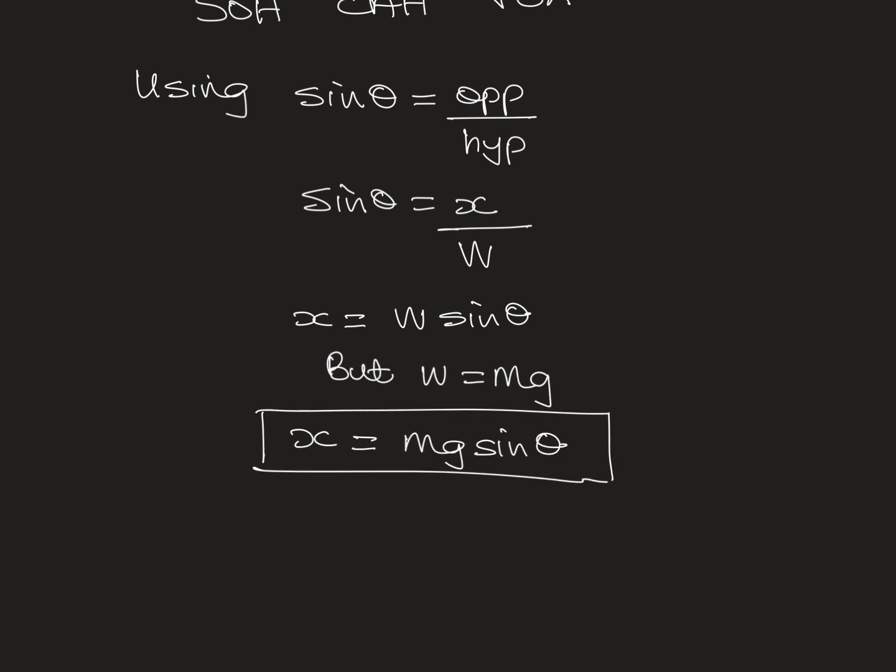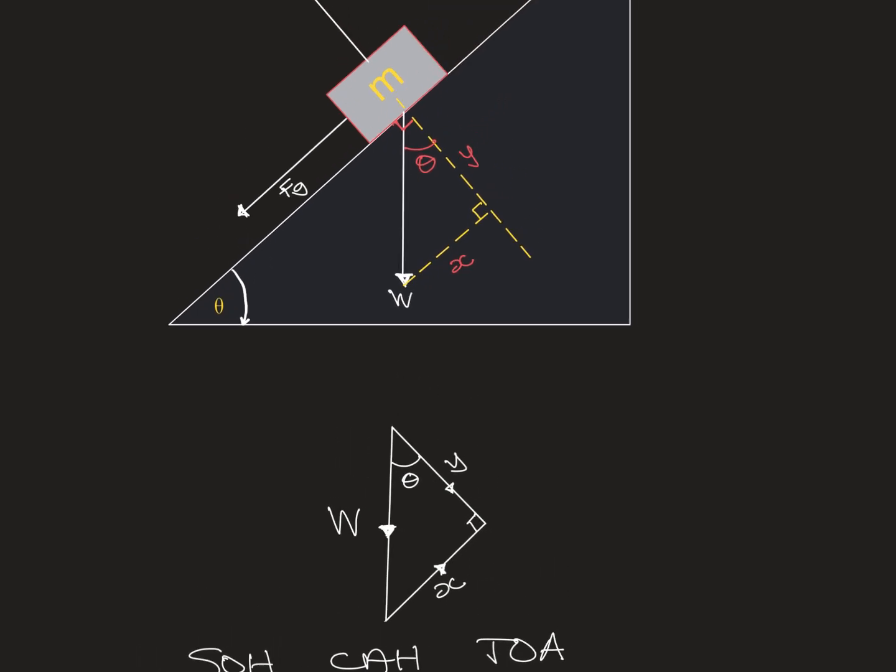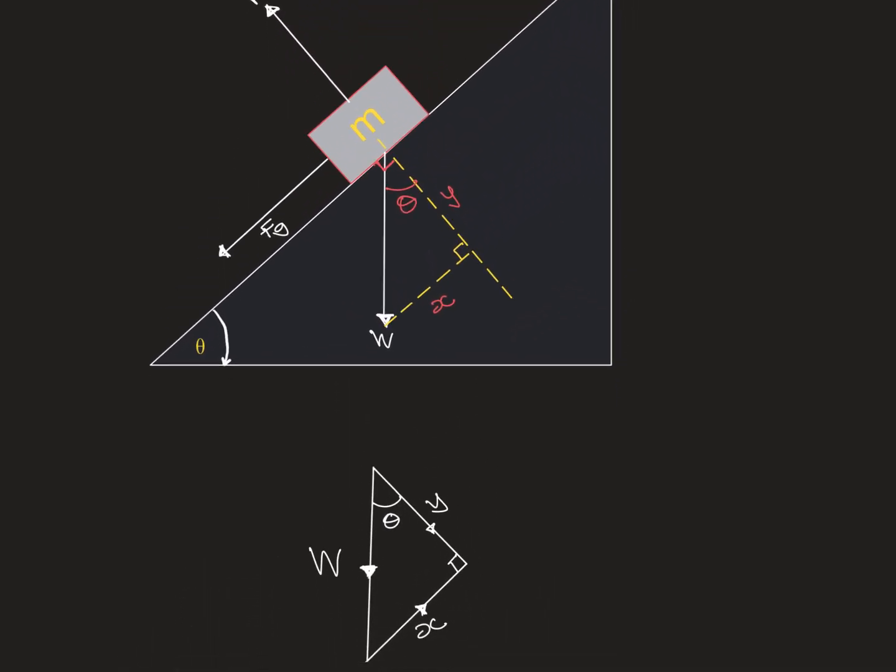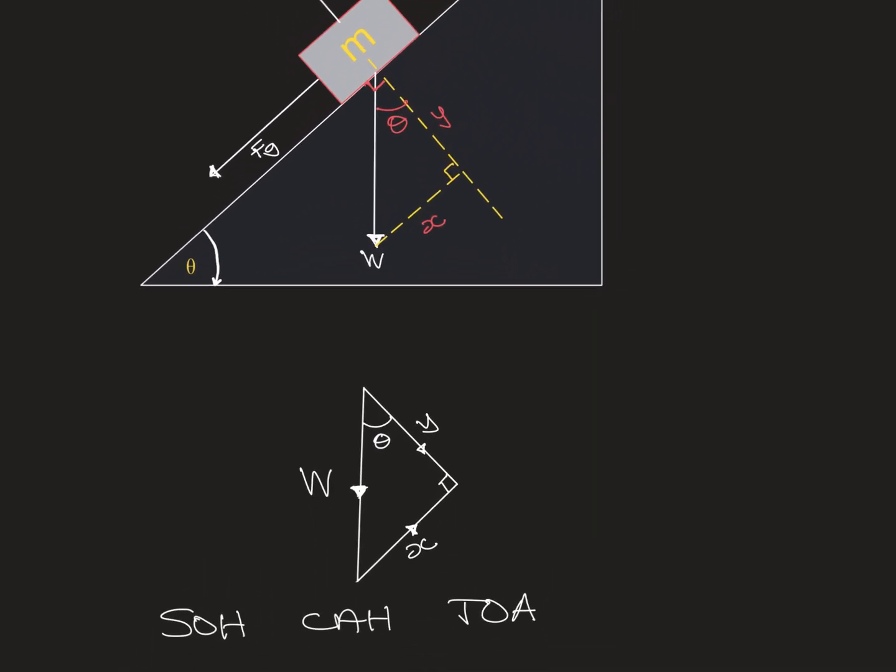And what is this x? The x that we have here is the component of the weight that is parallel to the plane, okay? So which means it is going to be equal to this force here, Fg, okay?